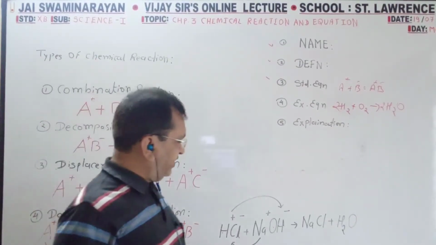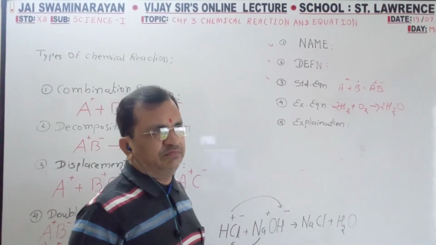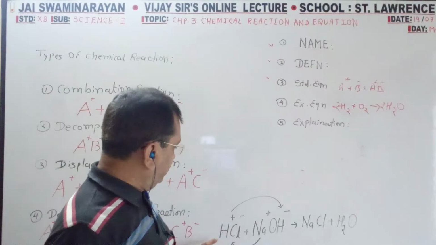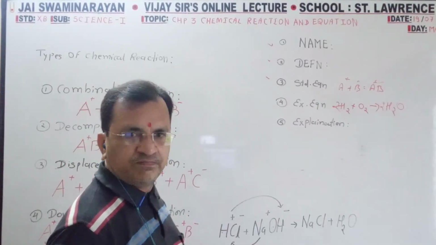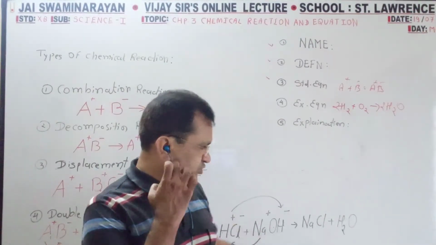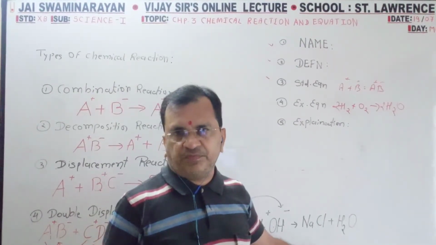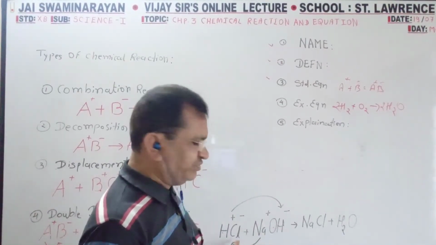For example, hydrochloric acid and sodium hydroxide. So it gives sodium chloride and water. So this plus goes with this minus, this plus goes with this minus.